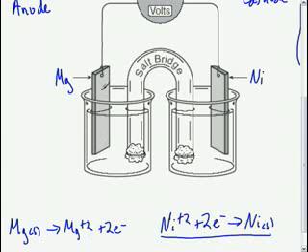Now for our solutions, our electrolytes, let's start with a salt bridge: a suitable non-reacting electrolyte that will also allow ions to move for a current. I like to use ammonium nitrate. Any other non-reacting electrolyte would work as well. Now, you could also use ammonium nitrate as a solution for the magnesium electrode.